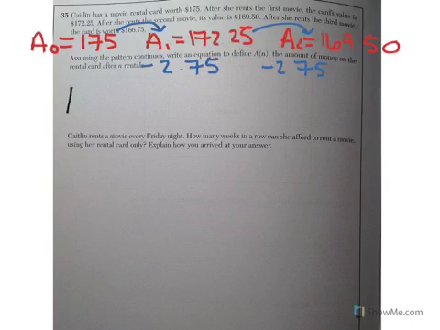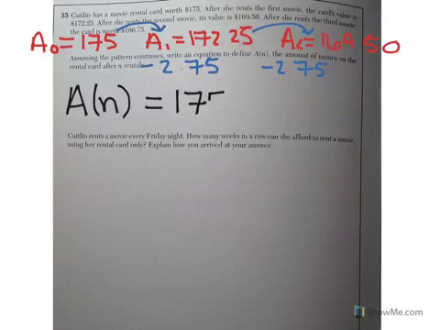Okay, so our equation should start off by saying A of n equals, and it's going to start off with your original value, the 175. Okay, and then because we're subtracting 2.75 each time, we're going to subtract 2.75 multiplied by n, the number of rentals.